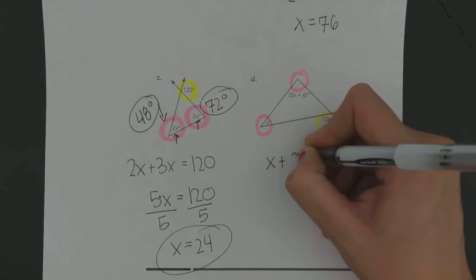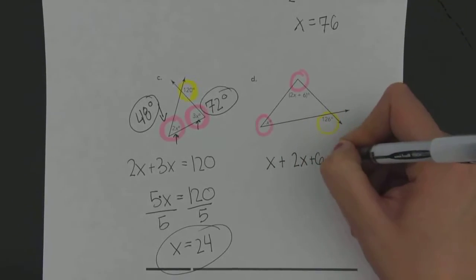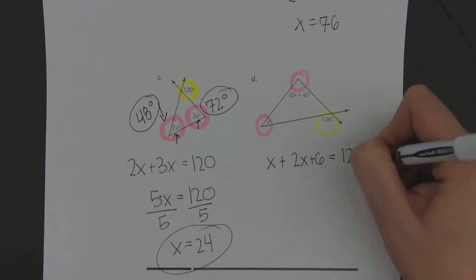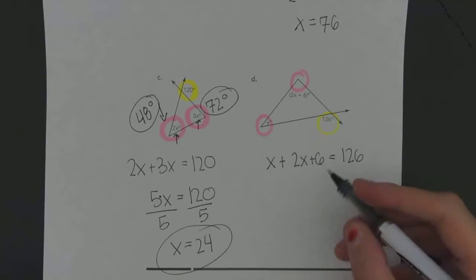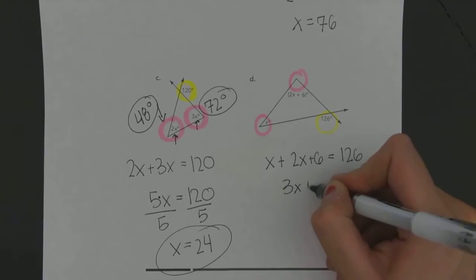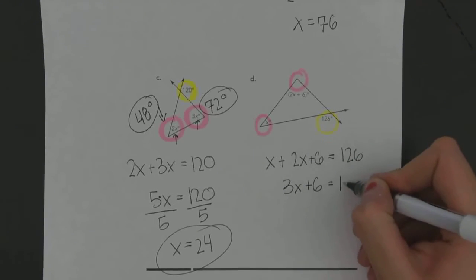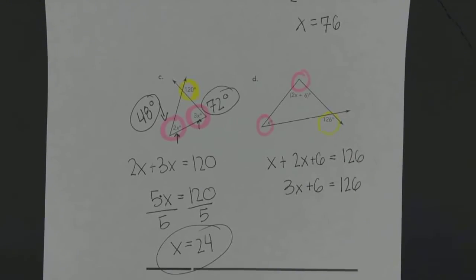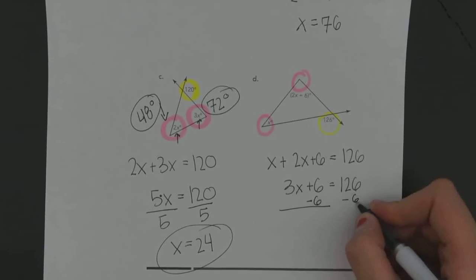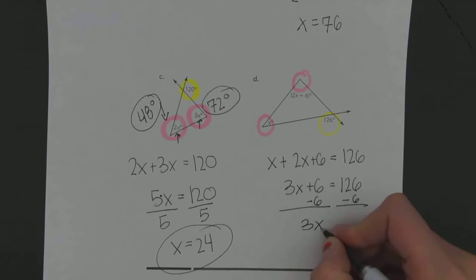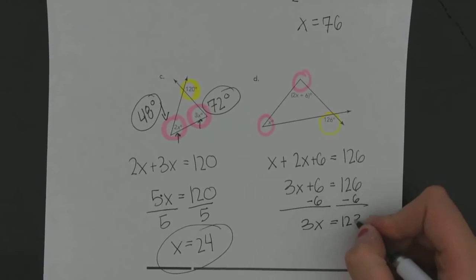So x plus 2x plus 6 equals 126. I'm going to combine like terms on this side. 1x plus 2x gives me 3x plus 6 equals 126. So I'm going to start by getting rid of this 6 right here. I do the opposite, which is subtract 6 from both sides. So that leaves me with 3x equals 123.